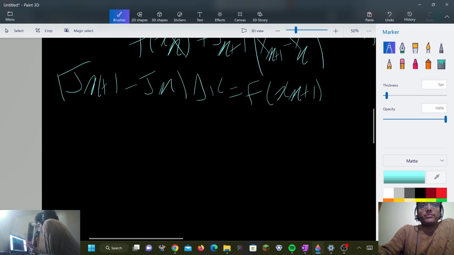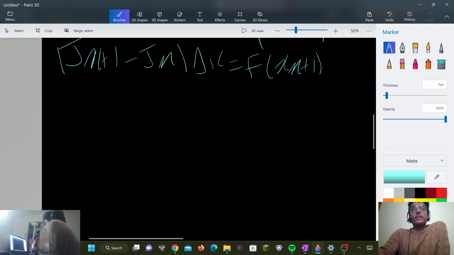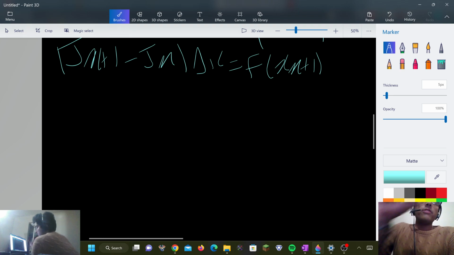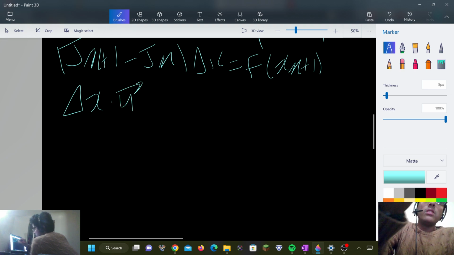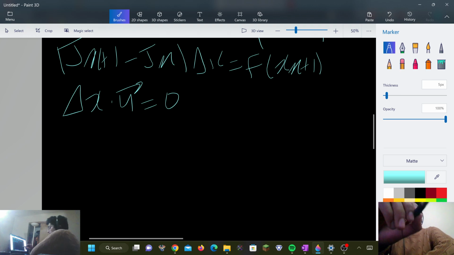Now let's go down. Broyden decided to use a little bit of trickery to get us to where we need to be. Imagine there's a vector u such that delta x dot u equals 0. That means these two vectors are perpendicular.